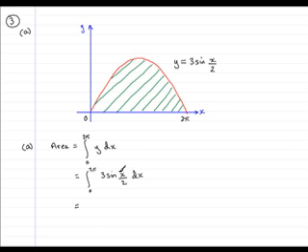Now we should know how to integrate sine of a function. It's going to be negative cos of that function. So what we're going to have then is 3. I'll put some square brackets in there. So it'll be 3, and the integral of sine then is negative cos, so that's negative cos of the angle x upon 2.